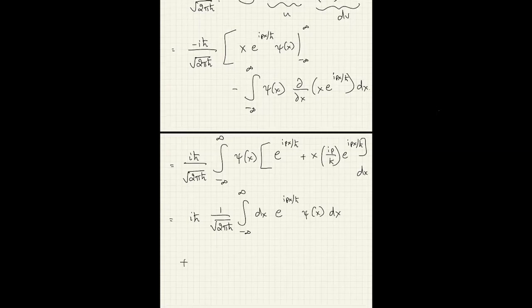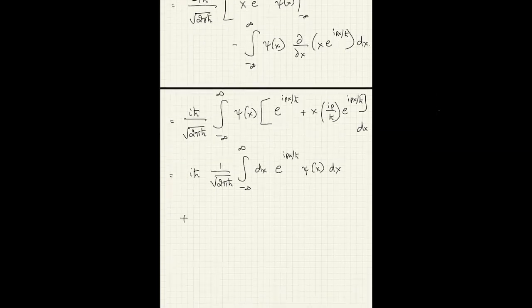Plus, or rather minus, because there is a factor of i here and a factor of i here. So that becomes a minus h bar over square root of 2 pi h bar times another factor of 1 over h bar, integral from minus infinity to infinity p x psi of x e to the i p x over h bar dx.